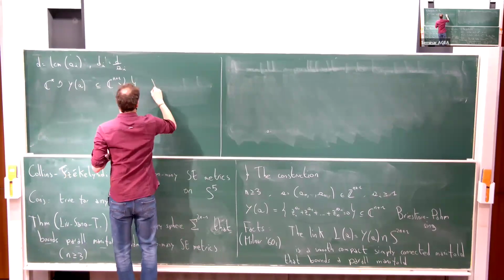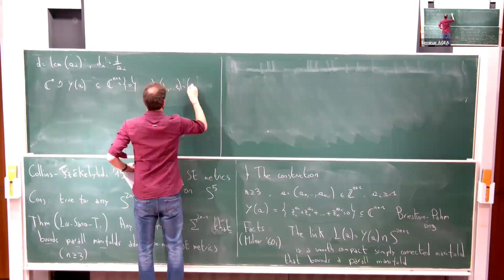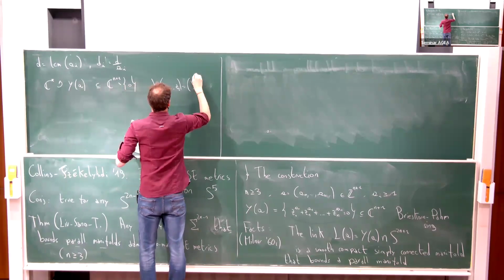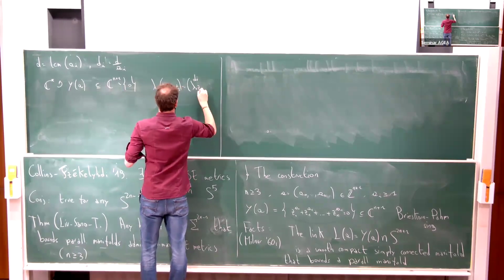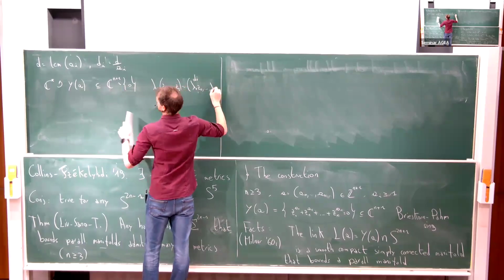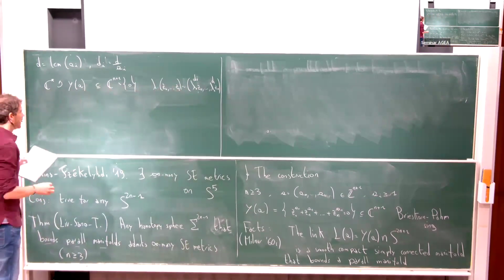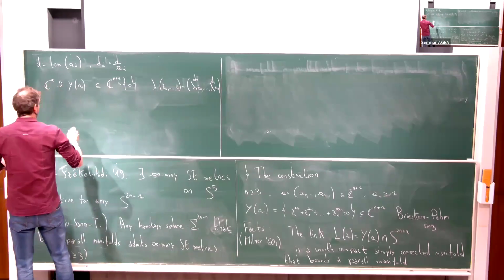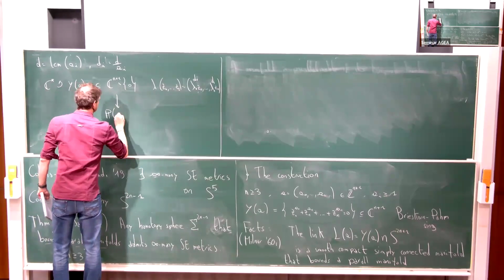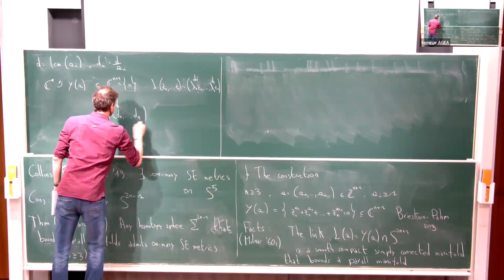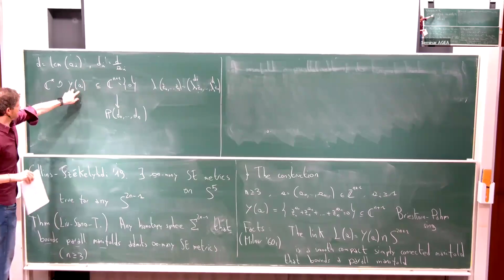So lambda acting on (z_0, ..., z_n) gives (lambda^{d_0} z_0, ..., lambda^{d_n} z_n). And now if you take the quotient by this action, you get the weighted projective space P(d_0, ..., d_n).